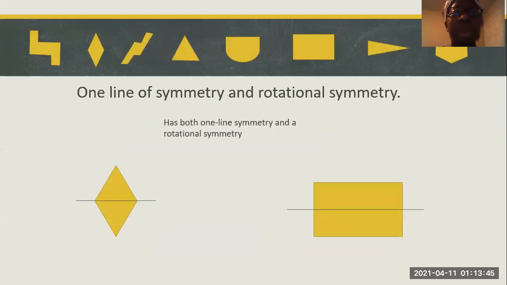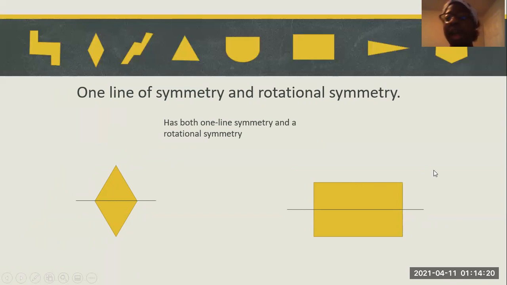Now, what is one line symmetry and rotational symmetry? This is the figure that is able to have one line symmetry, which means it can divide or fold into itself and have the exact mirror, and also be able to rotate and have the exact same shape or section. So the diamond has four lines of symmetry, and even rotated, from 180 to 360, it will still have the same diamond shape.